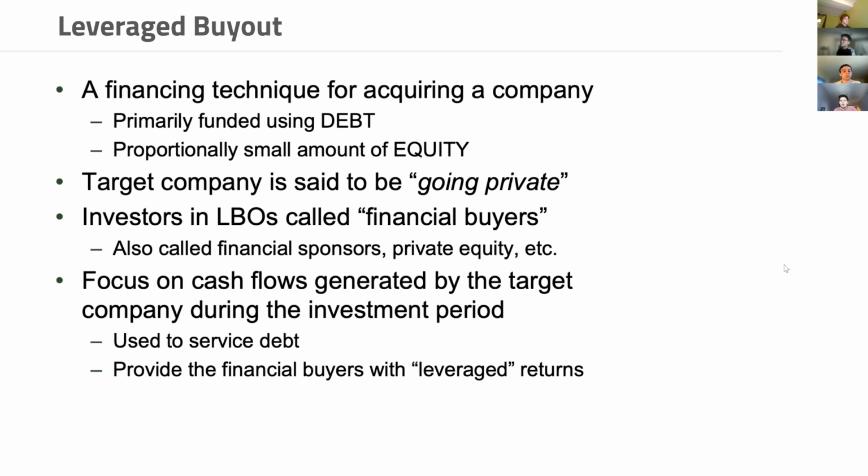We talked a little bit about synergies earlier, and this brings into focus the difference between a financial buyer and a strategic buyer. Financial buyers are typically engaging in LBOs. A financial buyer is a company that's acquiring a company for strictly financial reasons.